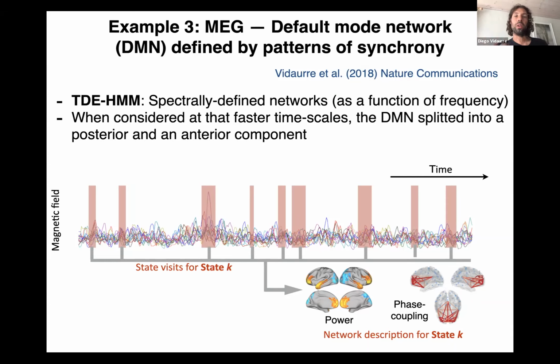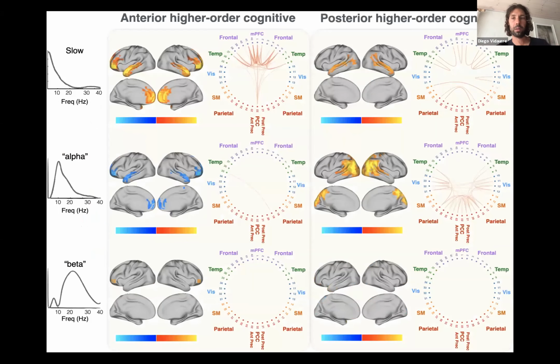We used this to get more insight into a very well-researched network in fMRI, the default mode network. We found a description of this network in MEG. In MEG, this network splits into two networks, maybe because you can afford this more temporal resolution, and it has different frequency components and so on.